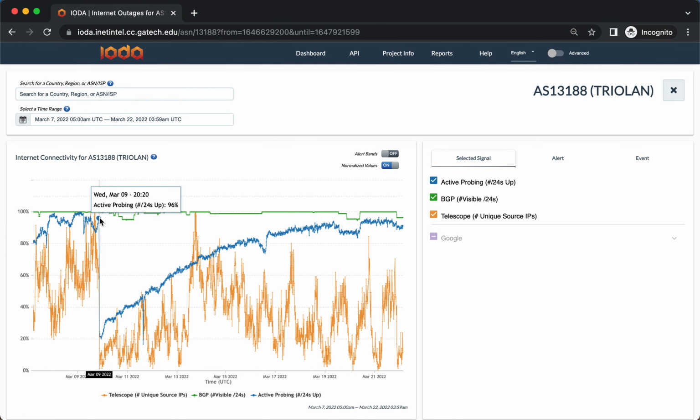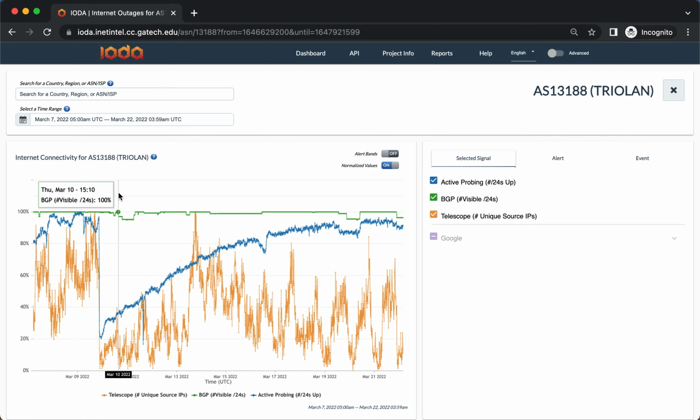Okay, so again, the drop starts on March 9th. And it begins to recover maybe around the 16th, which is when we get to pre-cyber attack type levels. So you'll note that because of the nature of this attack, a cyber attack, it's mostly affecting active probing, but not BGP.